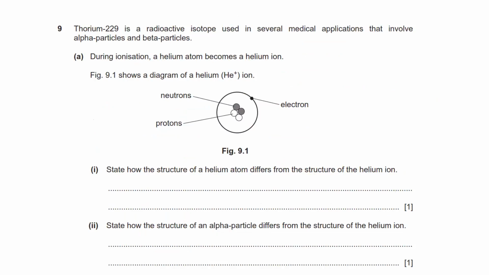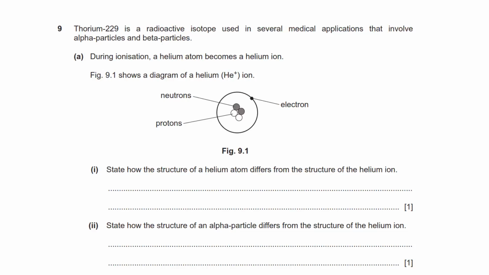It says thorium 229 is a radioactive isotope used in several medical applications that involve alpha particles and beta particles. Part A says during ionization, a helium atom becomes a helium ion.